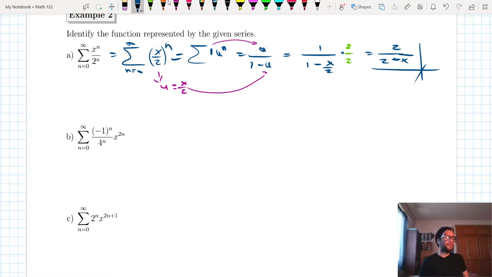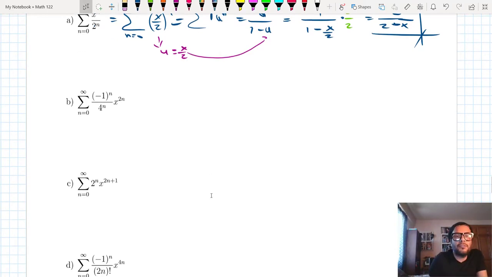Okay. All right. What about the next one? Well, the other one, believe it or not, is like a geometric series in disguise. However, what calls my attention here are the exponents of x and the exponent of 4.